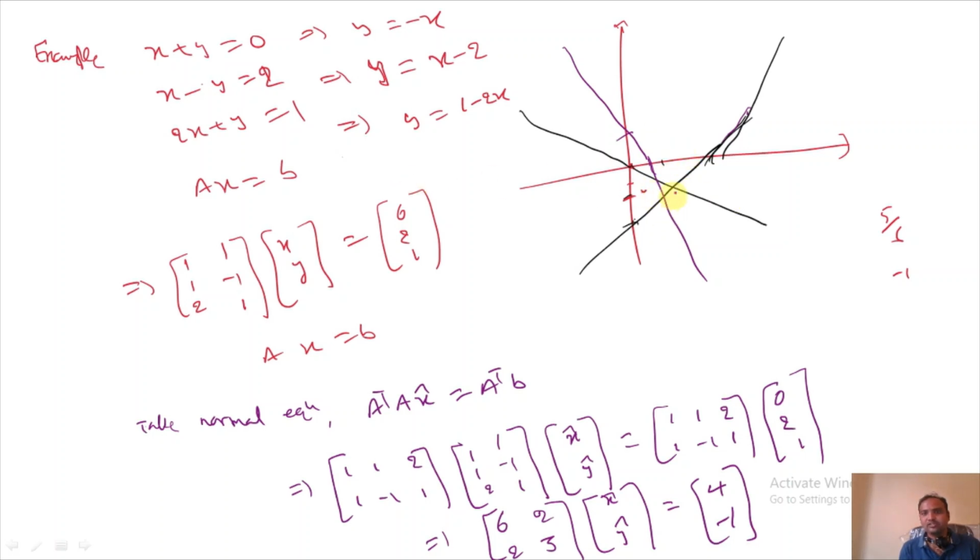This system has no solution, but you can take this system, or you can project that one. Suppose we have taken Ax equal to b. Now this vector is 0, 2, 1.